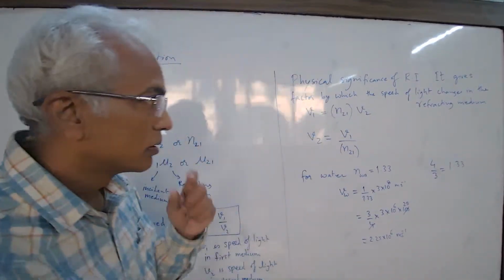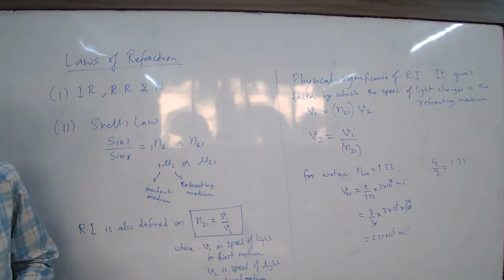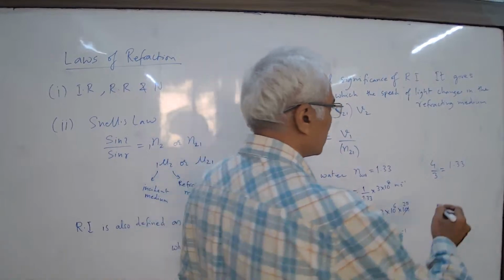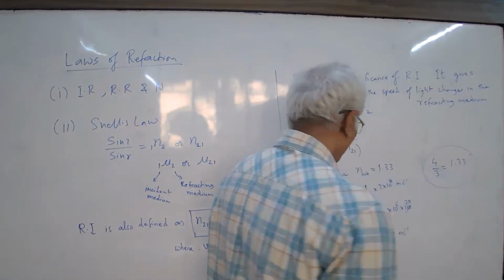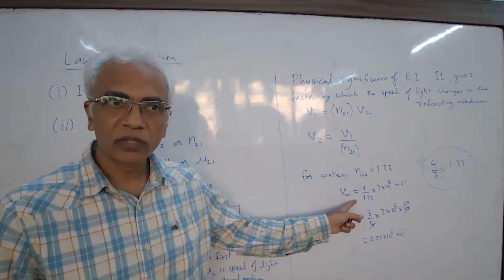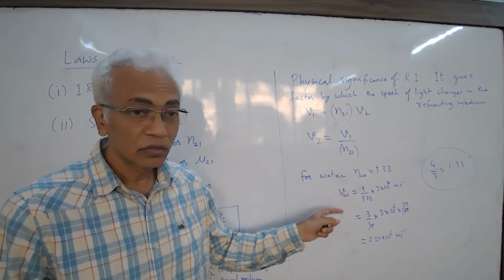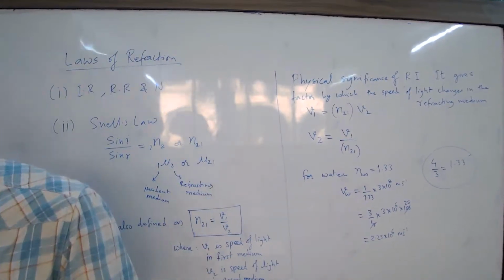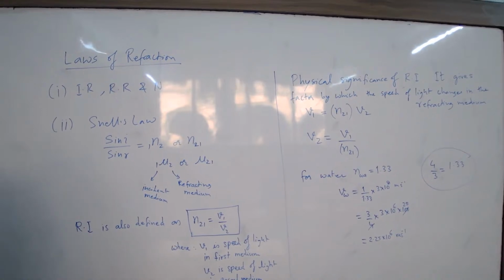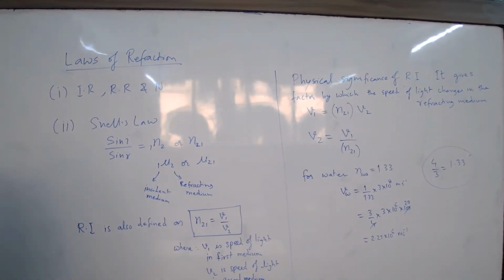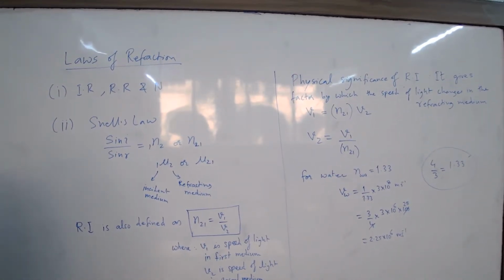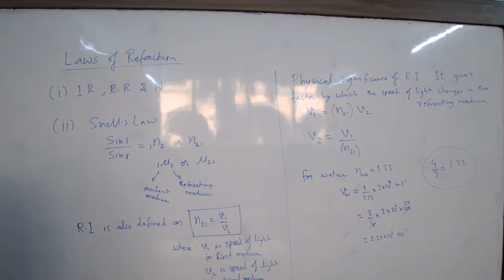Okay. So if any medium has a high refractive index, like this is water का refractive index. Higher the refractive index of the medium, slower the speed of light in that medium. Okay. So there is a table given in your book listing the refractive indices of many mediums.